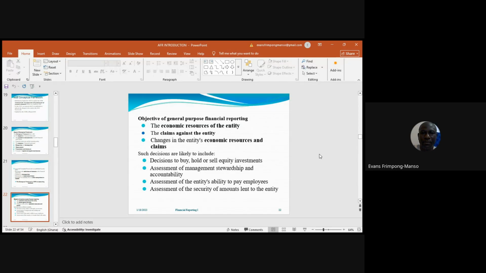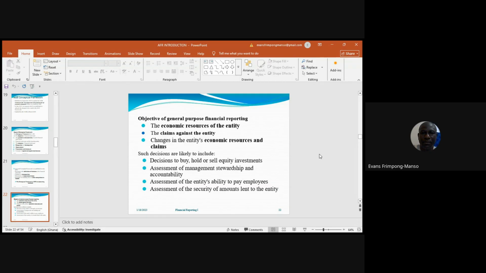The objective of preparing financial statements is to enable users use the information from the system to help them make an informed or economic decision.